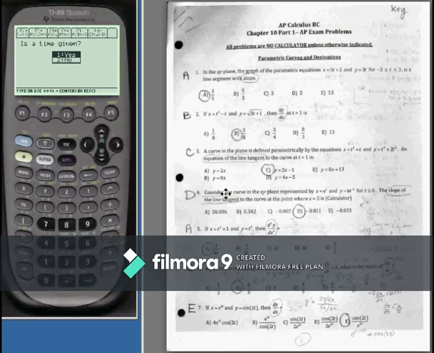And let's see. Yes, they give you t, which is equal to 1. And so the slope is m equals 2.